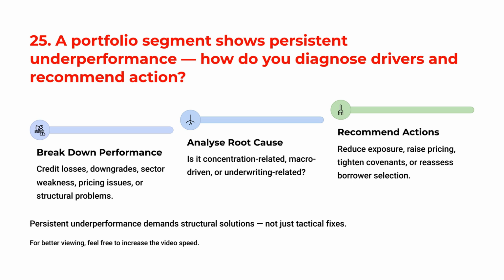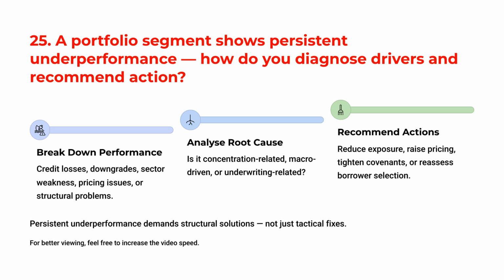A portfolio segment shows persistent underperformance. How do you diagnose drivers and recommend action? You break down performance into components: credit losses, downgrades, sector weakness, pricing issues, or structural problems.